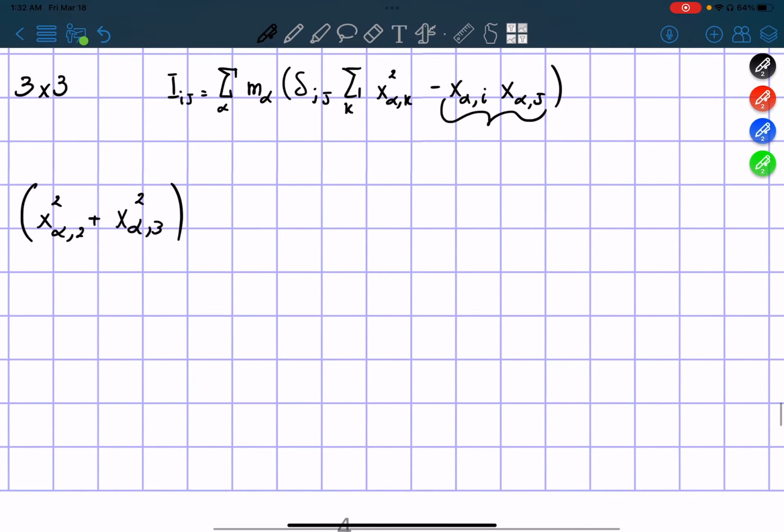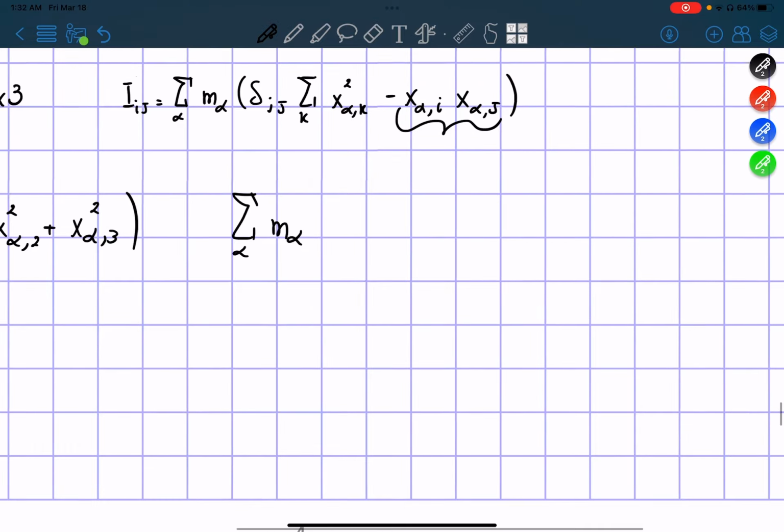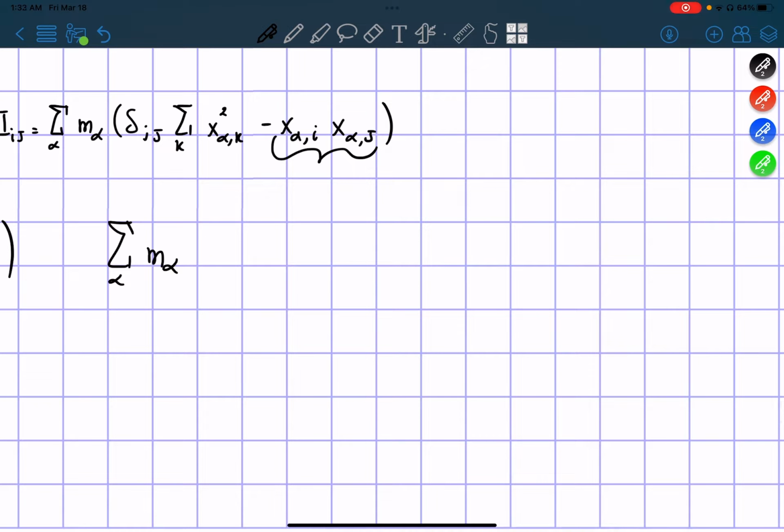Now, for the second part, again, summation of the masses. And in this case, our position is 1, 2, right? So our chromatic delta for 1, 2 is going to give us 0. So this first part will be equal to 0.